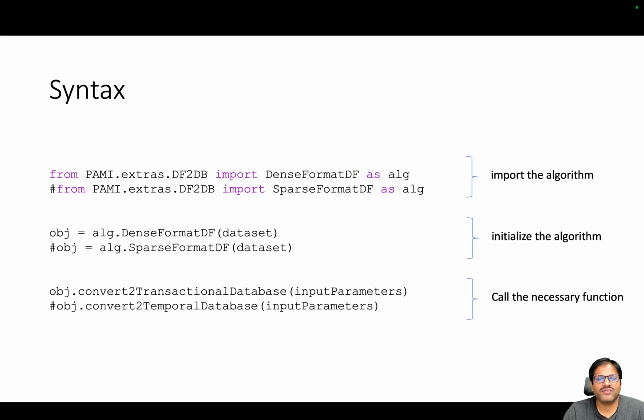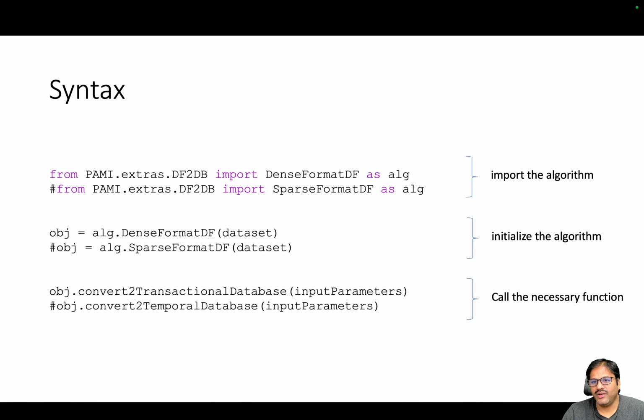The syntax is quite simple. First we have to import the algorithm, say from PAMI extras df to db import. If your data frame is representing a dense format, then please use the function dense format data frame. Or if your data is stored in a sparse format data frame, then use the corresponding algorithm.